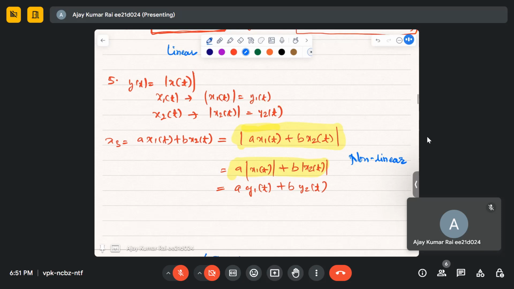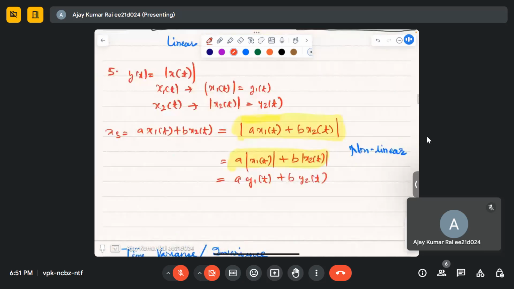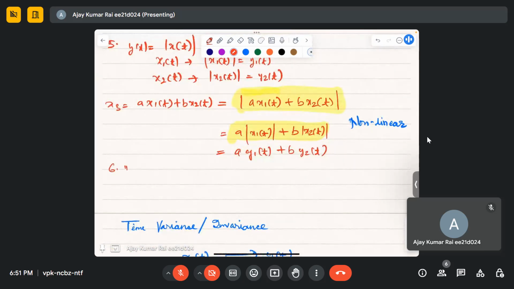Now it covers the sixth part. The sixth part is also this one, six. This y(t) is x(t) square.